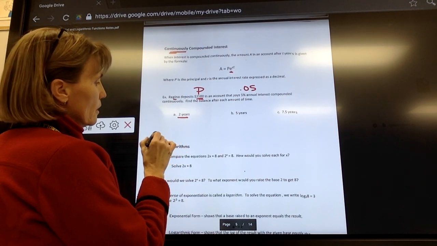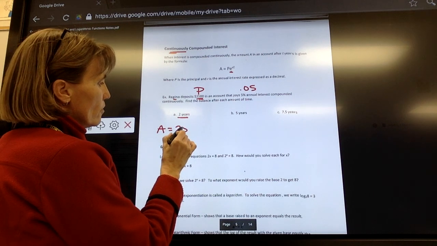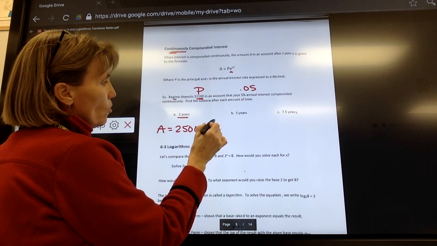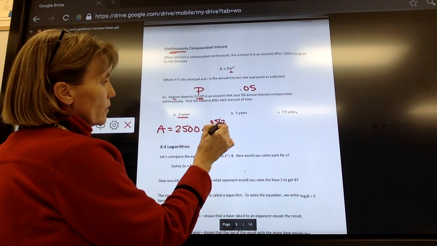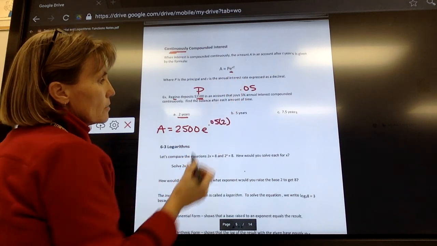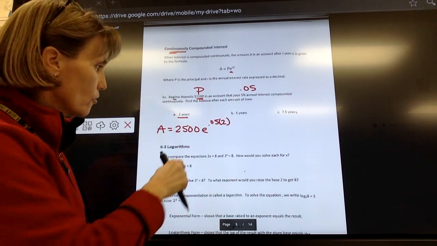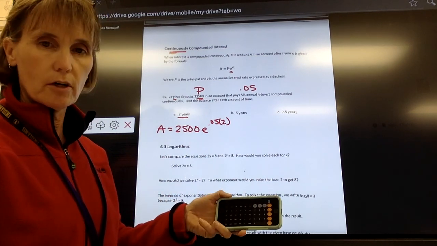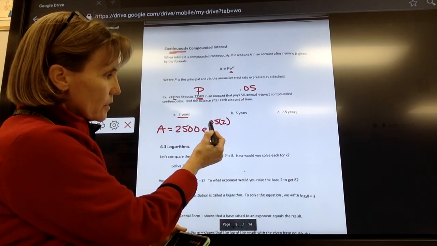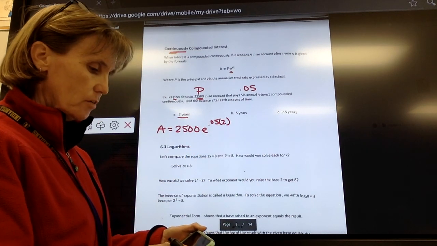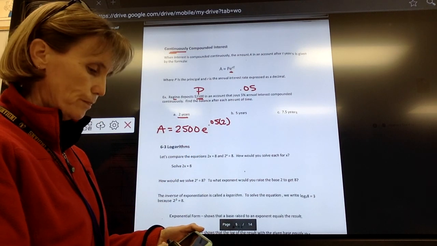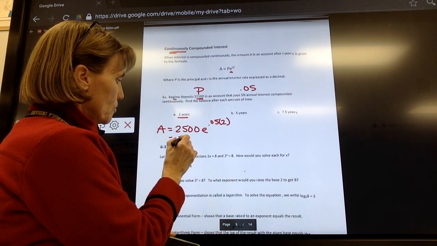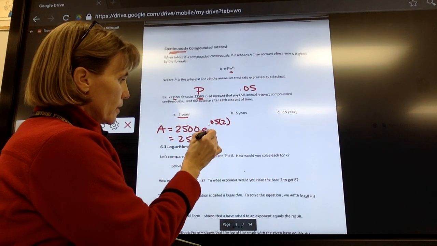So when I plug this in, my dollar amount is $2,500, then e, and then r is 0.05 times 2. We're multiplying the rate times the time there. Now, when you use your phone or calculator to evaluate e, you'll need the bigger calculator, and you want to evaluate this exponent first. So 0.05 times 2 equals 0.1.